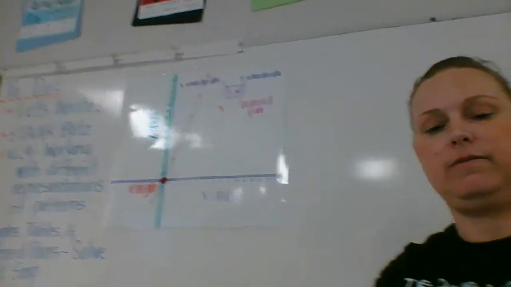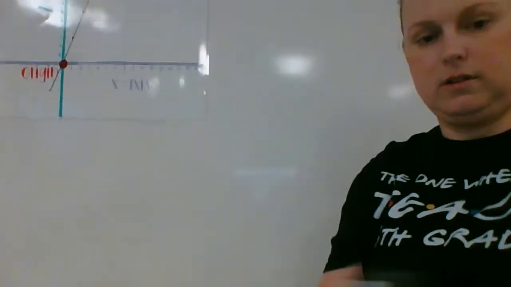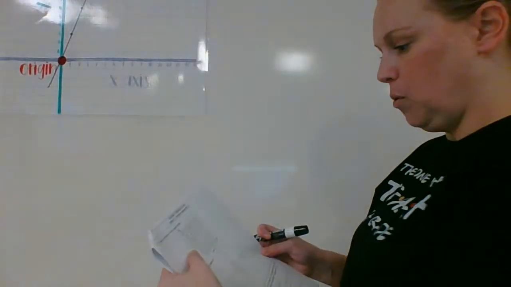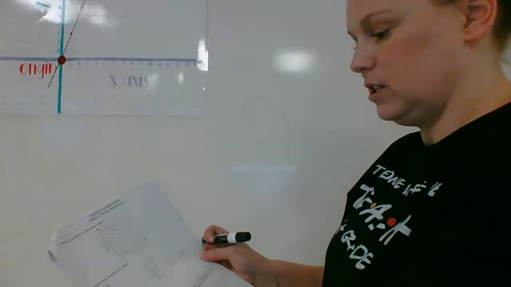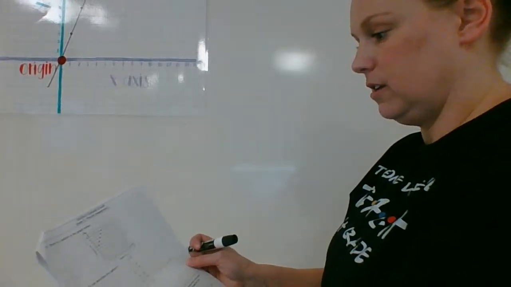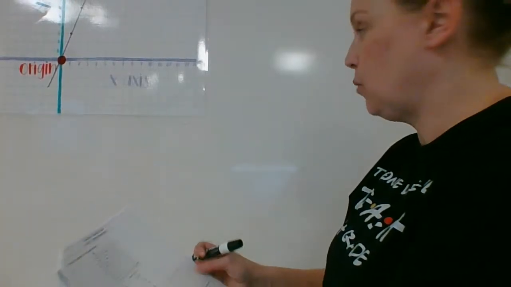Actually, we don't need that, because it gives us all the points, and what I can do to determine the rule is to make a table out of these points.